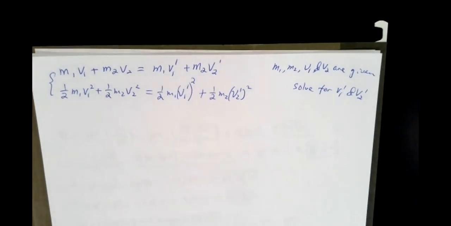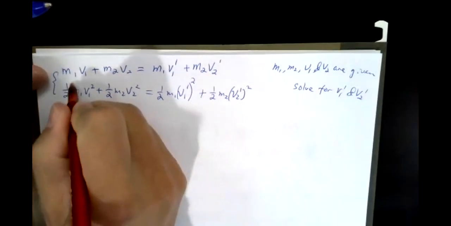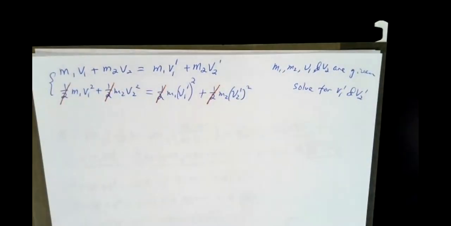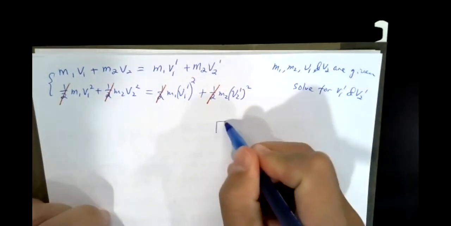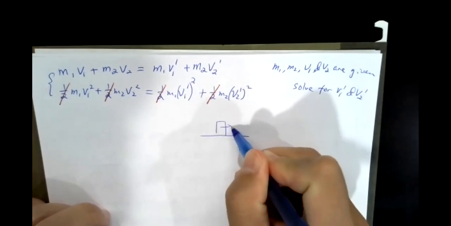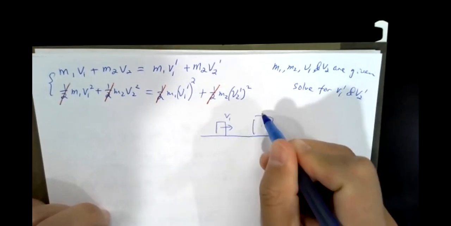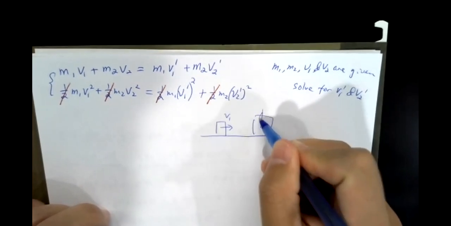We can take a look at the algebra here. The 1/2 can cancel out because it's across the equation on all terms. Now, in this case, block 1 is moving and hits block 2, which is initially not moving.